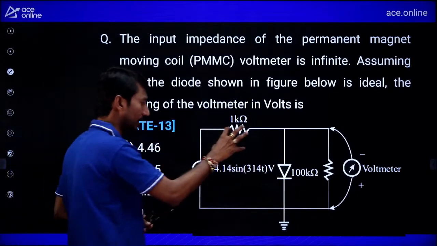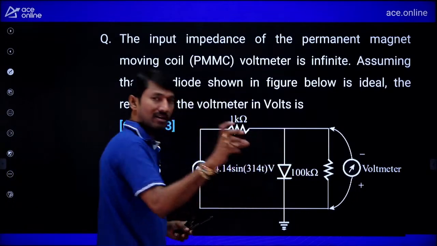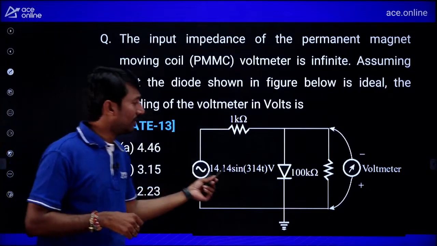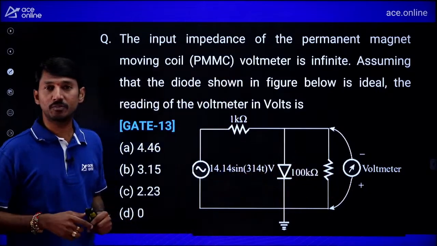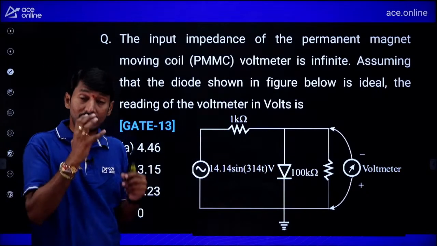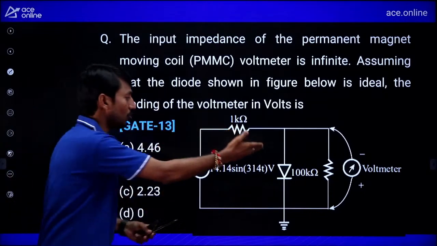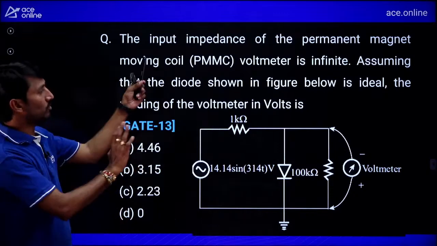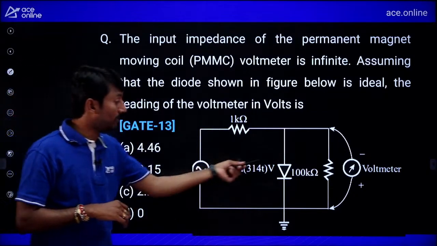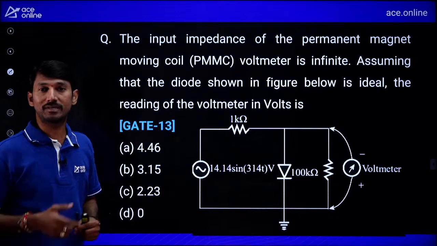So the diode is analog or EDC, etc., related to that, again a PMMC instrument. Like that, PMMC is our measurement topic related with other topics, and the question is given like this. Of course, it is a measurement subject question only, but linking with other topics.